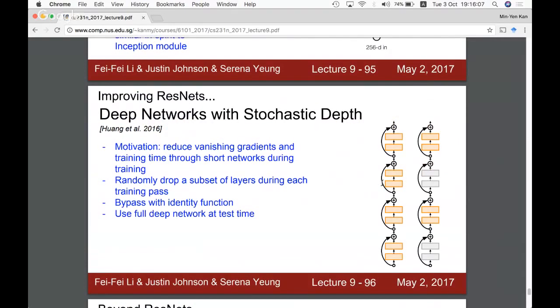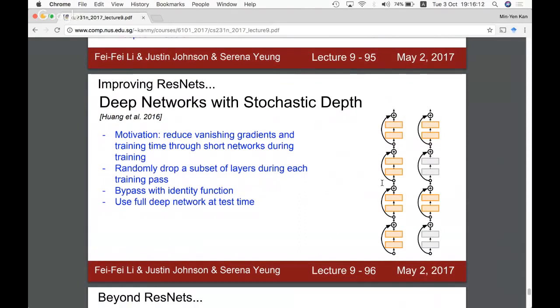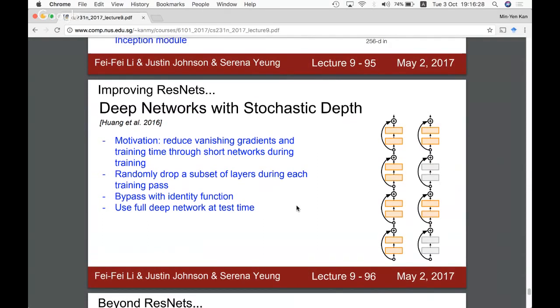For ResNet, I think the other paper is deep networks with stochastic depth. One of the issues with training deep networks is the vanishing gradient. What they're telling is that when training a ResNet, they randomly drop a subset of layers and bypass those layers with the identity function.